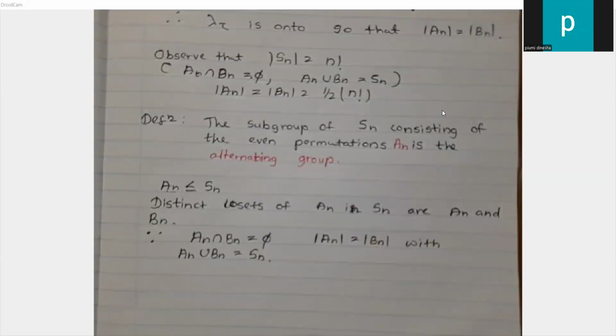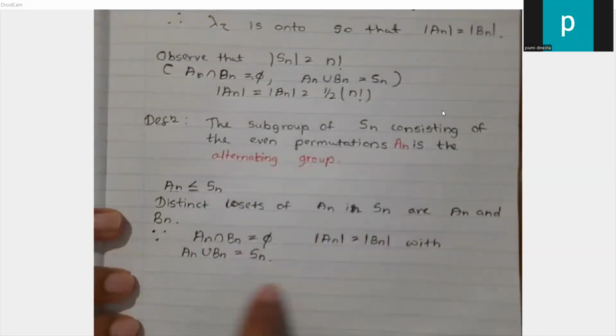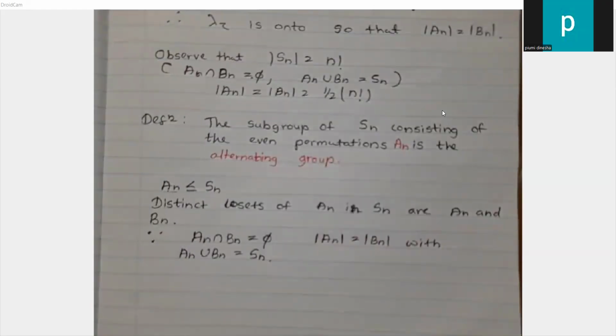We always know An is one coset. The subgroup itself is a coset, right? Not only that, we have actually proved that all cosets have the same number of elements. So together with all these details, we see that An has only two distinct cosets.